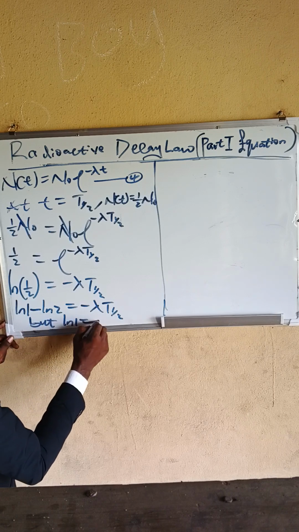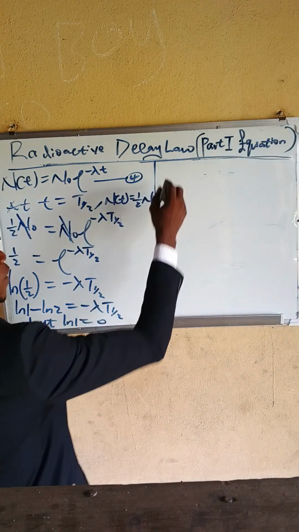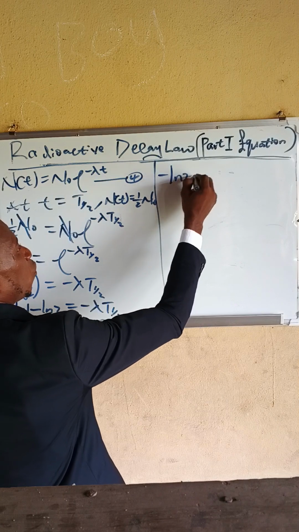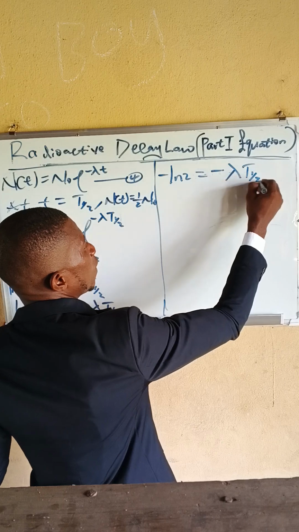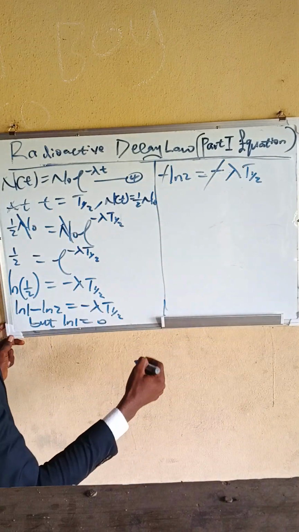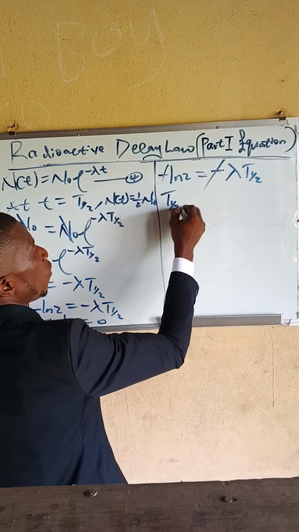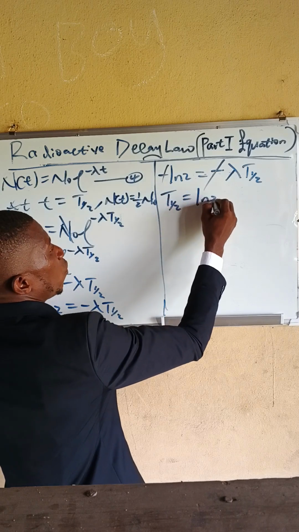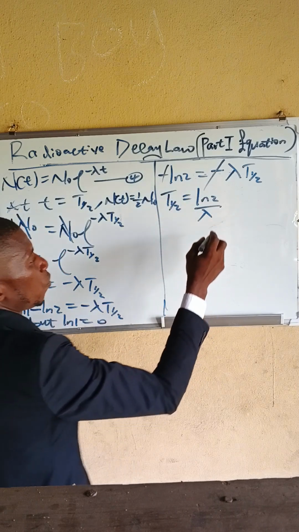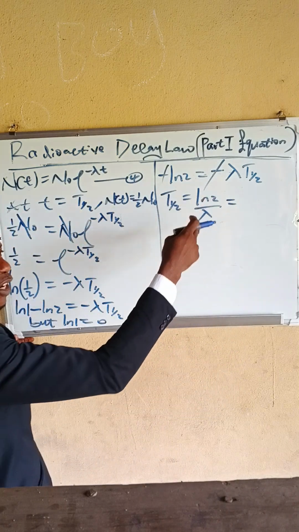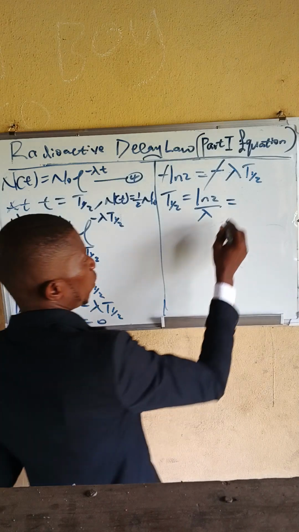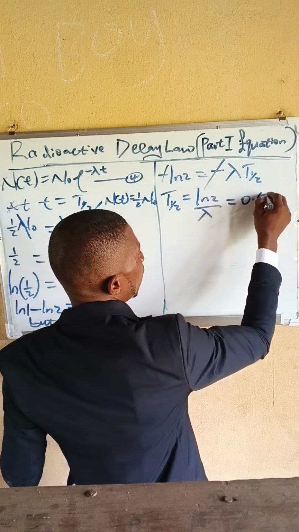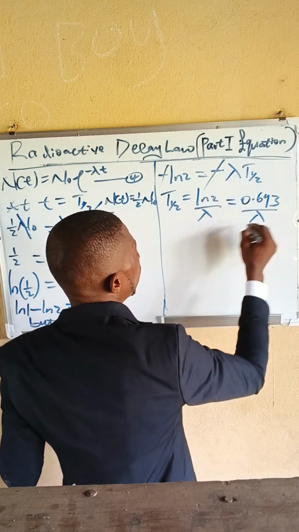But ln 1 is equal to 0. Then negative ln 2 gives me negative decay constant t half. Negative will cancel negative. So t half will give me ln 2 over the decay constant. Ln 2 is approximately 0.693. So that will give me 0.693 over the decay constant.